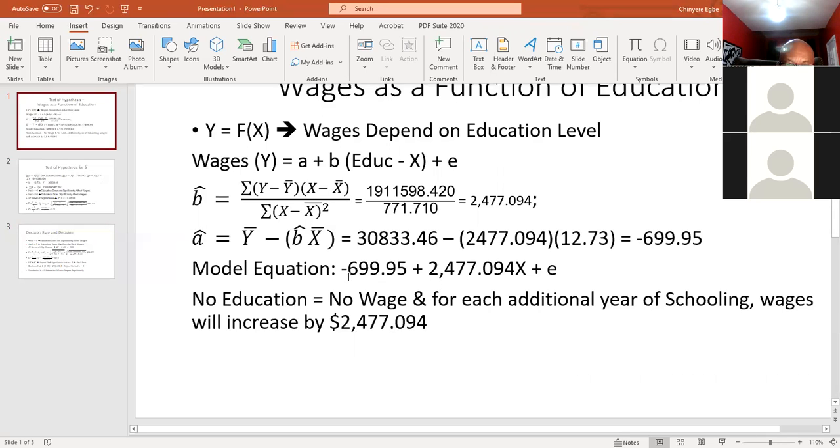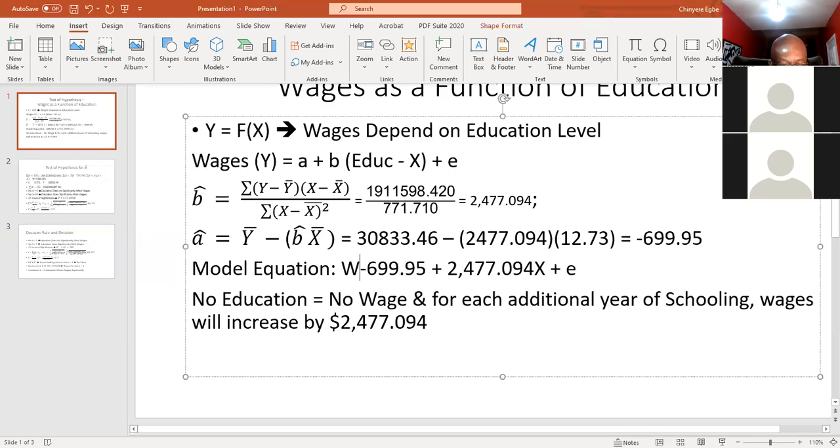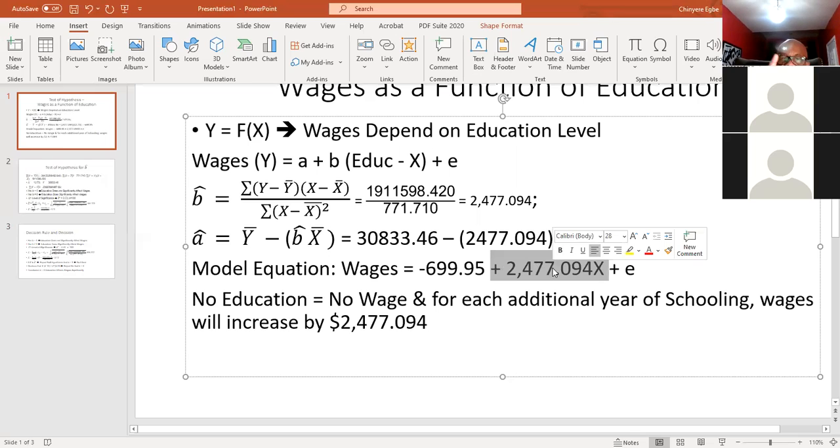The equation of the model is wages equals negative 699.95 plus, because the slope, the rate of change of your wage with regard to education, is a positive number.